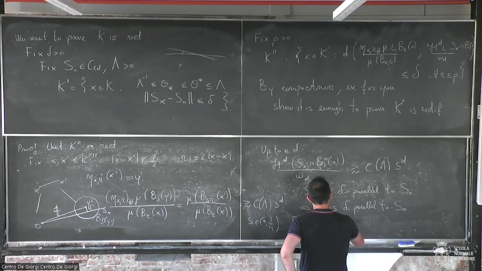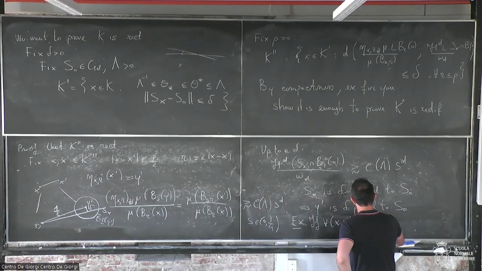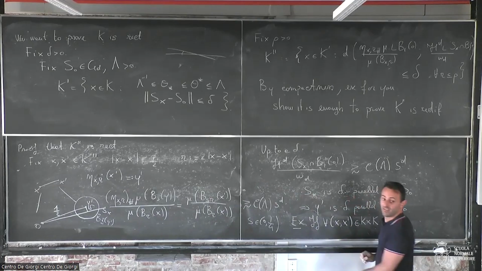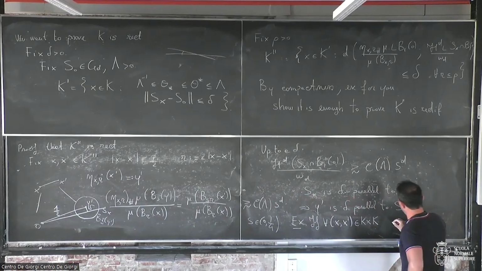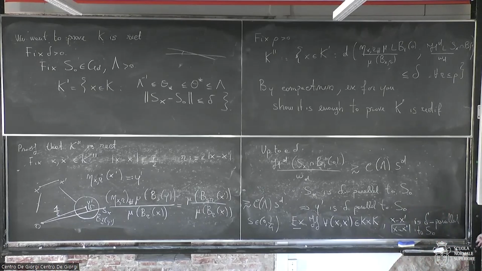if for every x, x prime couples that are in K times K, x minus x prime divided by the norm of x minus x prime is delta parallel to S0. I don't have enough space.